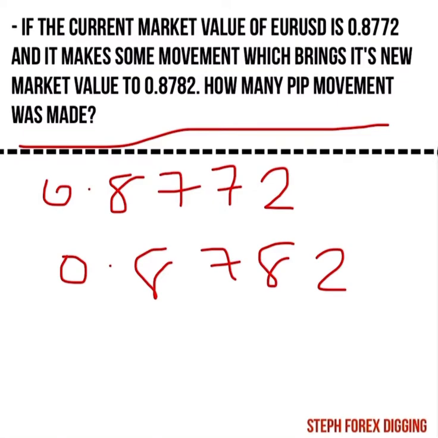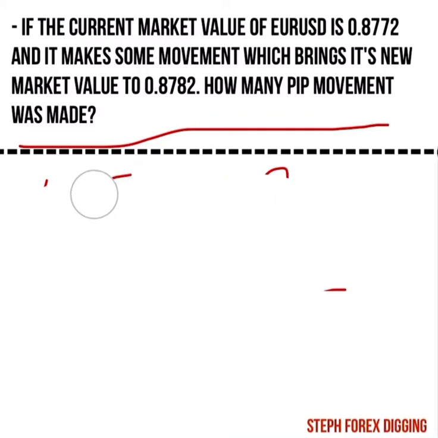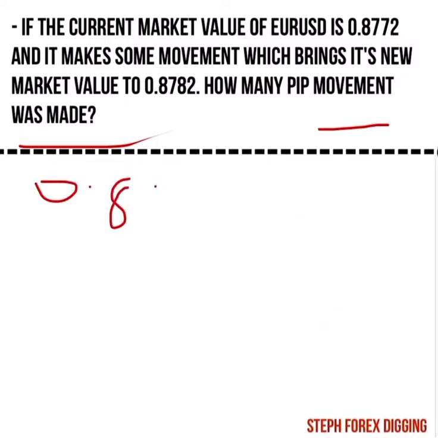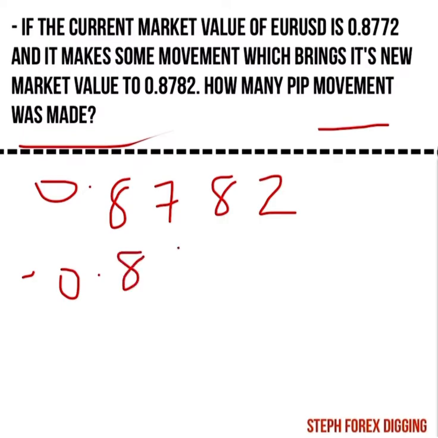So what you simply do is to say, let's erase this. What you simply do is to say 0.8782 minus 0.8772.